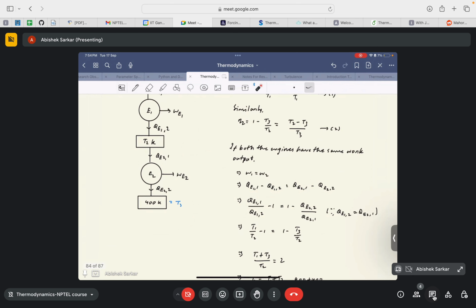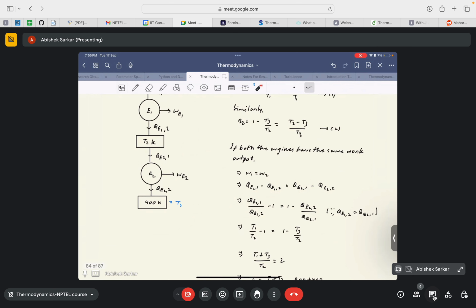So QE11 by QE12 would be T1 by T2, minus 1, which would be equal to 1 minus QE22 by QE21, which would be T3 by T2. That's what I have written here.